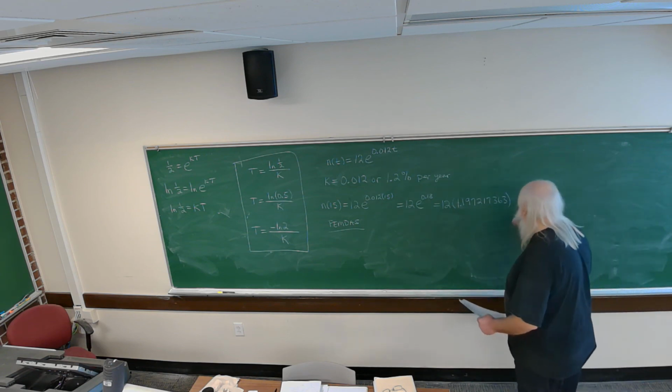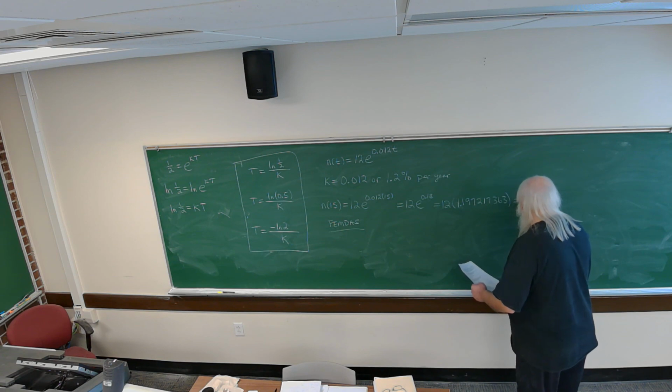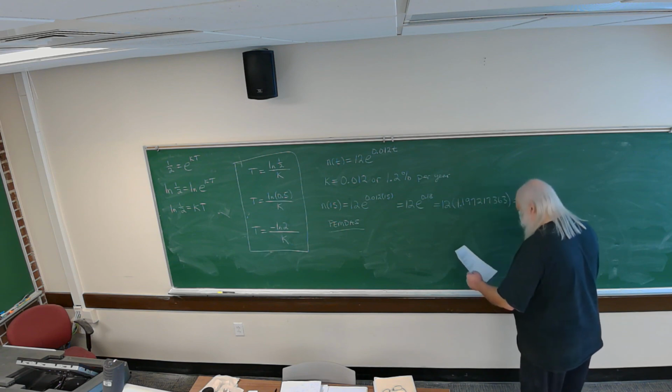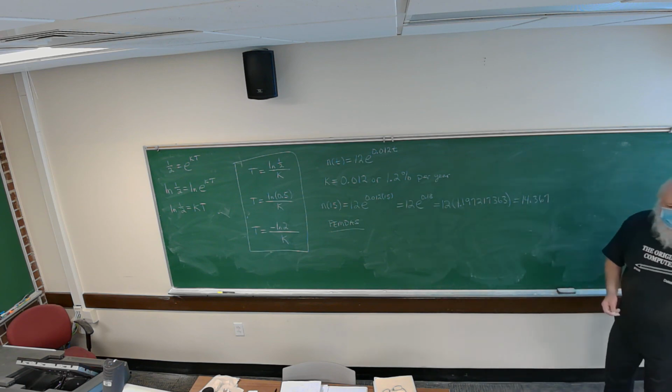And when I multiply these two numbers, I get 14.367. Now, why did I go to 3 decimal places? Because the population is in millions. So there's always going to be that question in your final answer: how many decimal places do you have to go? And you just have to use good judgment.